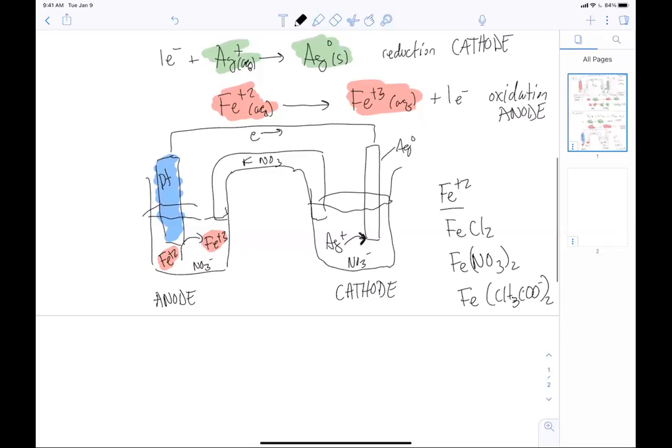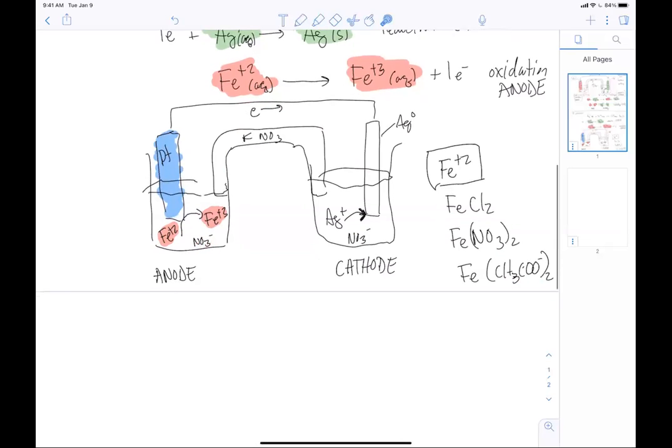But I can't buy just iron plus 2. So when you see iron 2 drawn in over here, and I haven't written anything out, it doesn't mean that there's no anion in solution. It just means that I don't want to clutter things up by drawing an anion in. And so you want to pick a counter anion that's not going to be involved in the chemical reaction, something spectator-ish.